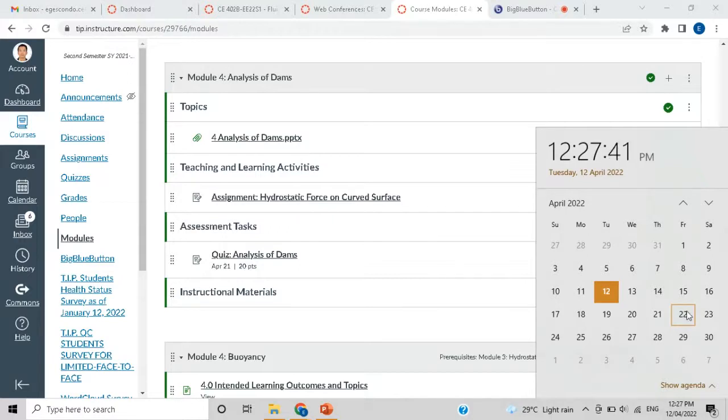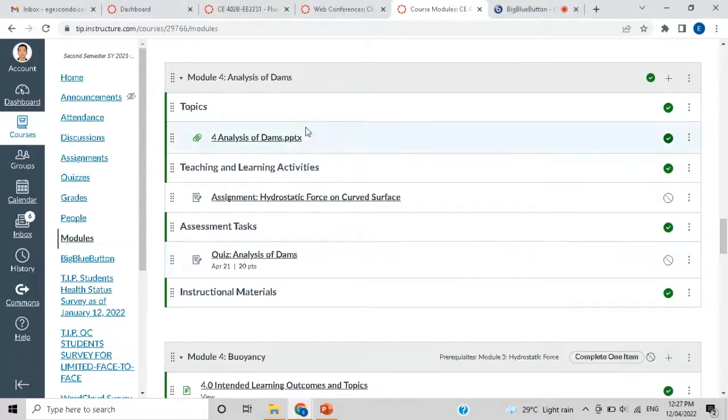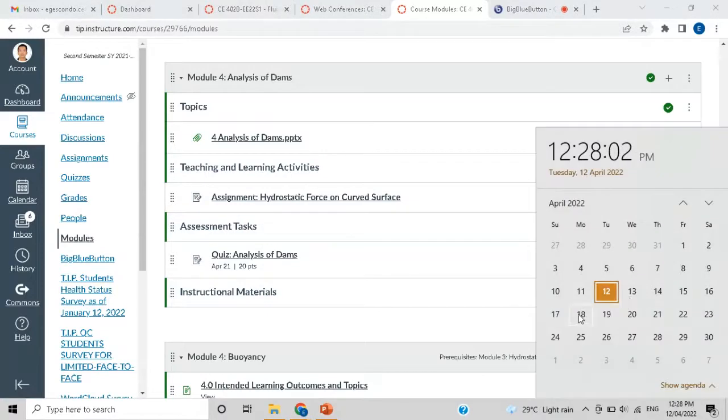Friday, April 22. We set it there so that it will not affect our long vacation, long weekend, April 14 up to 17. Okay, so I don't want to interfere with your vacation. So yes, you can do the assignments by next week. Okay?